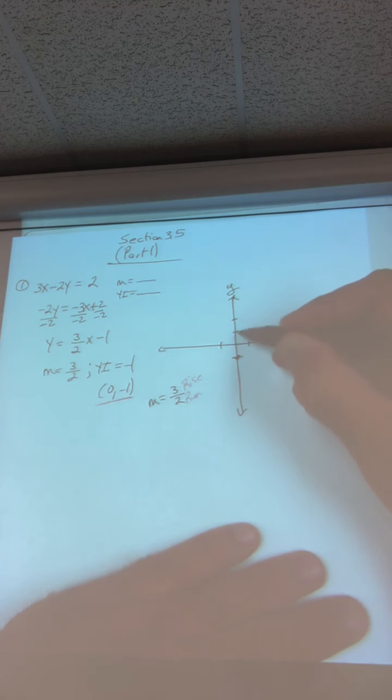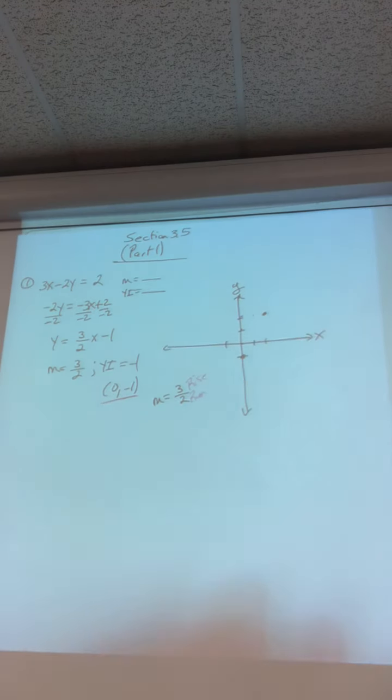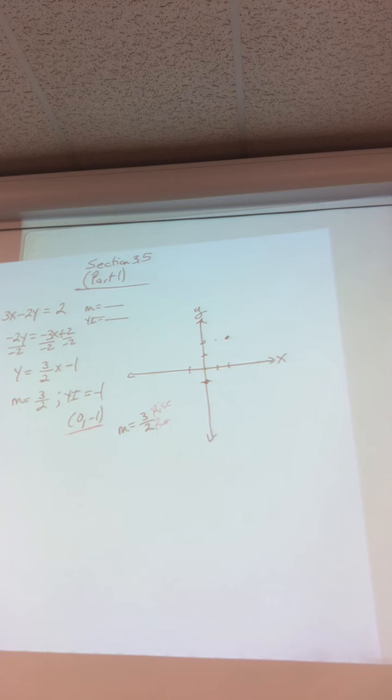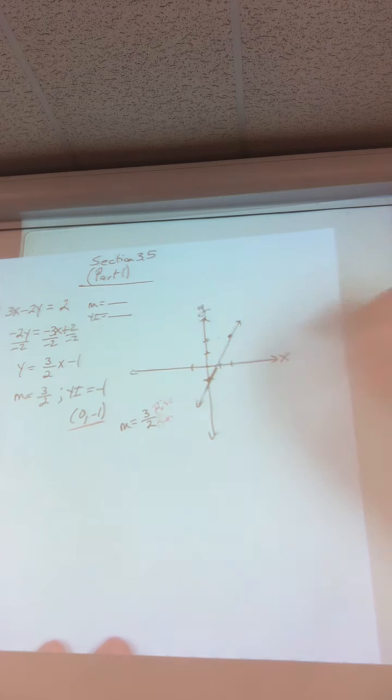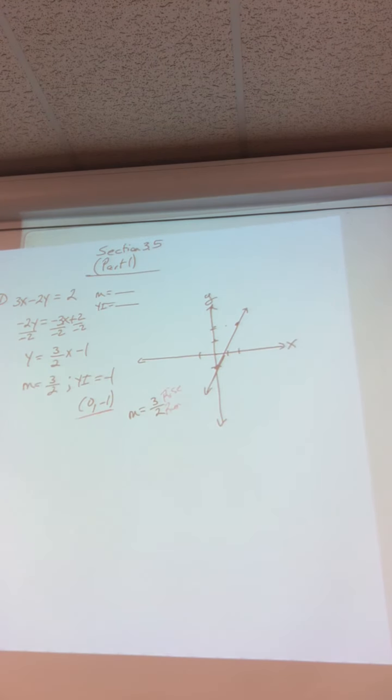So go up 3, to the right 2. That's the point (2, 2) if you were going to write its ordered pair. Now draw your line through those 2 points, and that is how you graph a line by using the slope and y-intercept.